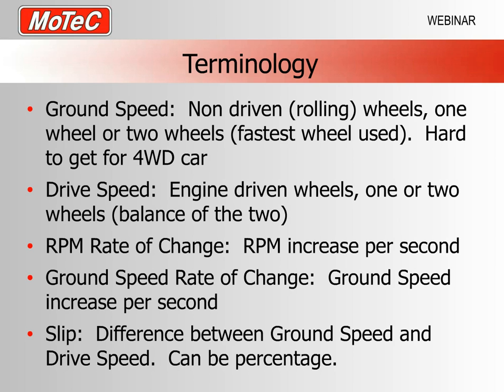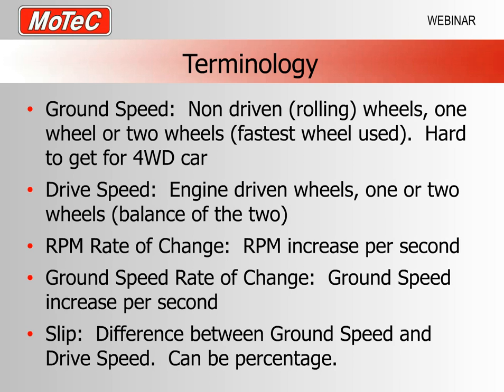If you think about it, if the car breaks into wheel spin, the RPM or the ground speed measurement is going to change quicker than would be good for traction to accelerate the car. So what we can actually do is control how quickly the engine accelerates, and therefore how quickly the wheels accelerate, and therefore ultimately how quickly the car accelerates.